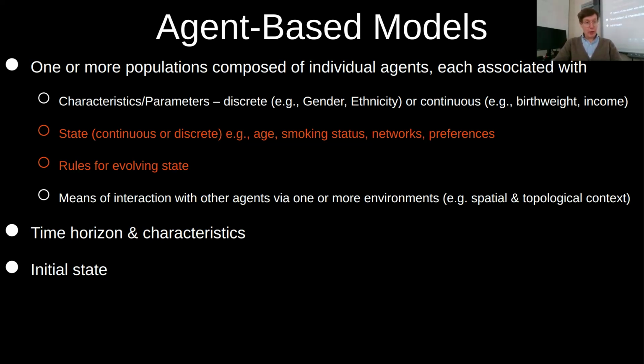Those individuals have characteristics and parameters that are often diverse, and that was the focus of Wednesday's discussion: heterogeneity, static heterogeneity. What we're going to be talking about today is elements of state and rules for evolving state.